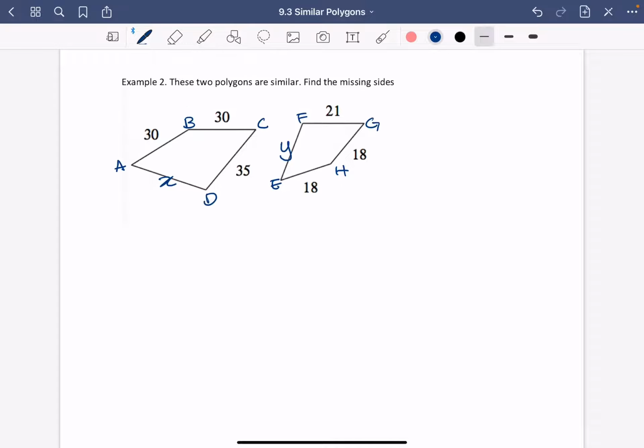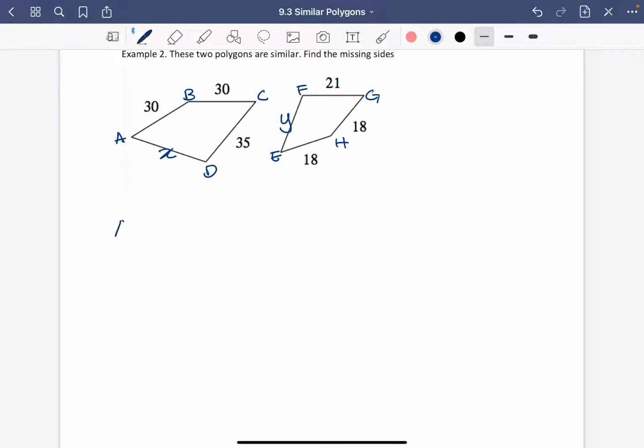Okay, now let's see. This polygon ABCD is similar to the polygon EFGH. But let's write the letters correspondingly. So A, the corresponding angle will be, which one?